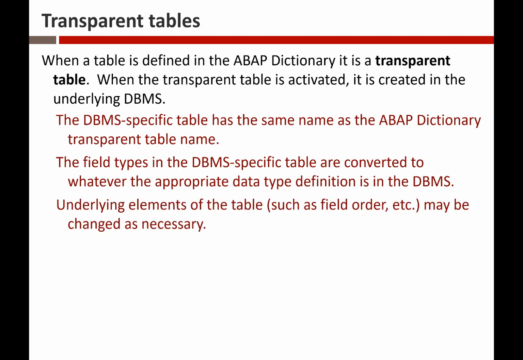The underlying elements may therefore be changed in the implementation, because ABAP does some interesting things at times related to field optimizations. So the bottom line is there is correspondence between the application and the database layer, but we will never, ever interact with the database layer directly.